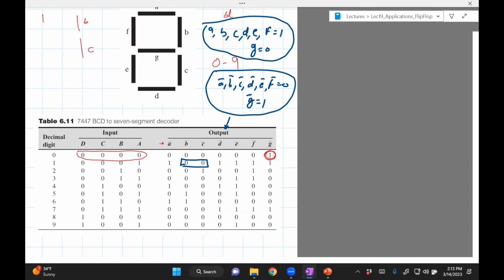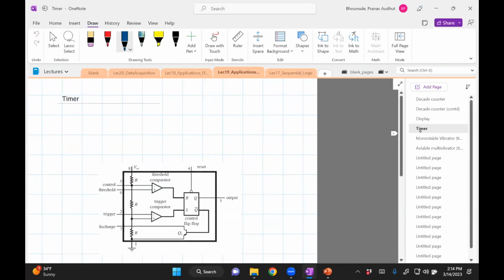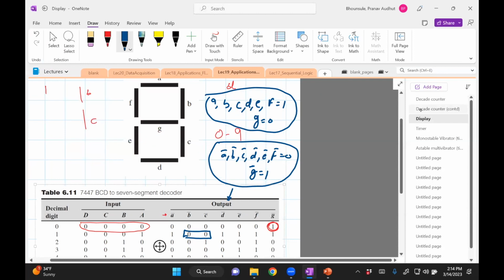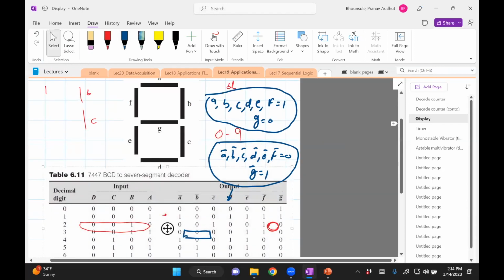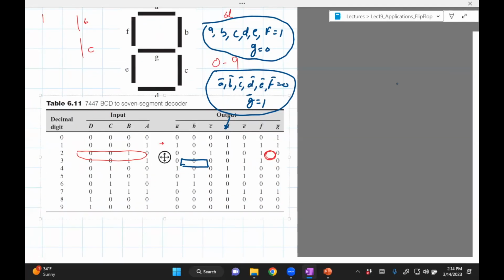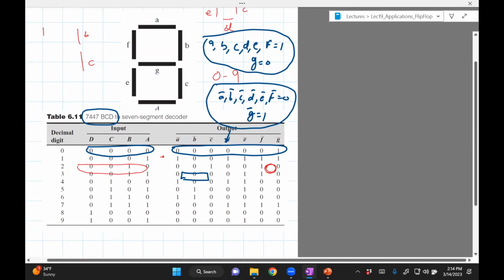So what they do is they provide you with this IC. It's actually a 7447 BCD decoder. It is wired up so that it will take this output and light the correct LEDs on this number pad, and so you see the right number.